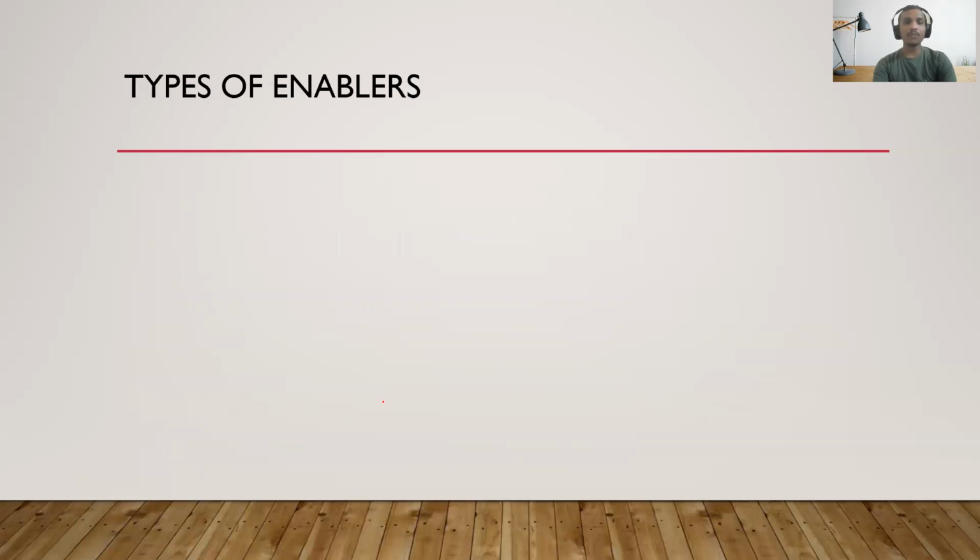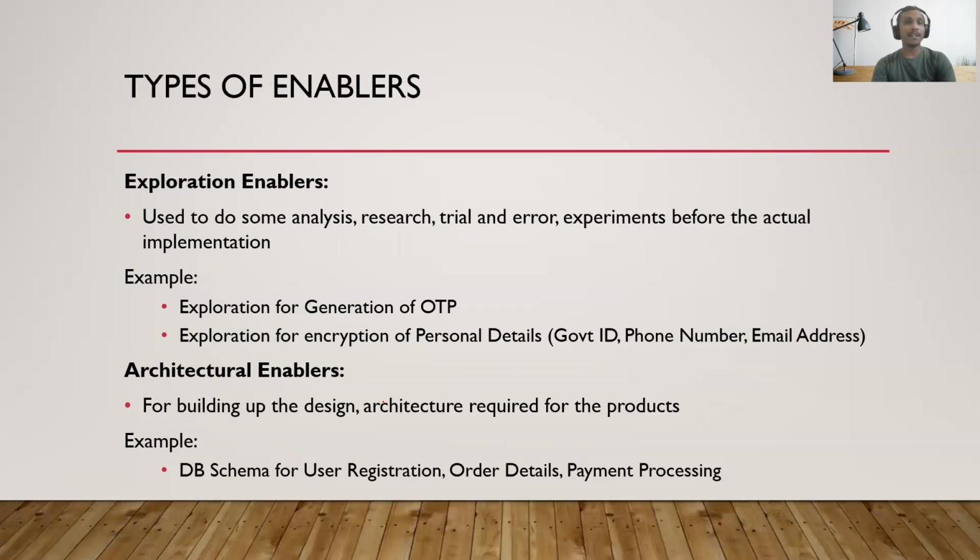If you go back to the previous slide, the architecture enabler is also the same thing. Once we define the database and the schemas, we might later do updates, and we can consider updates, revisions, and modifications as part of the architecture enabler too. In most cases, the teams go through exploration enablers, and that's the reason the most commonly heard or used type of enabler is the spike, because that is what teams are trying to do from the implementation perspective.